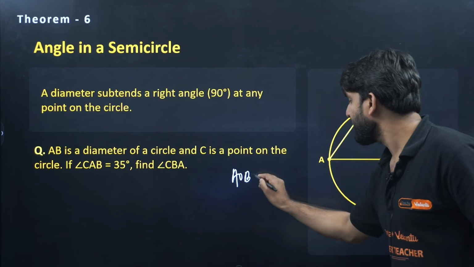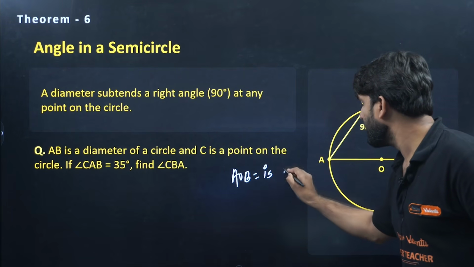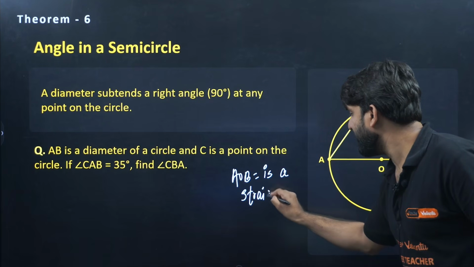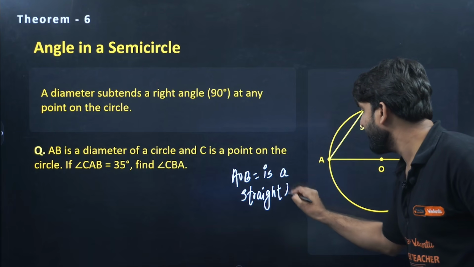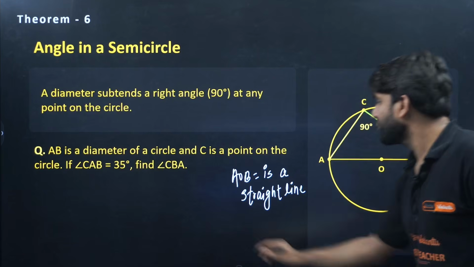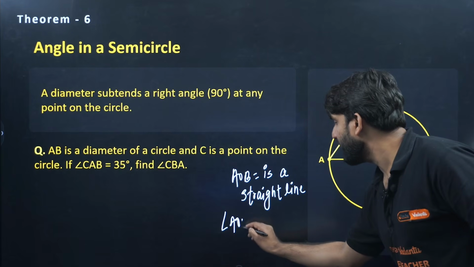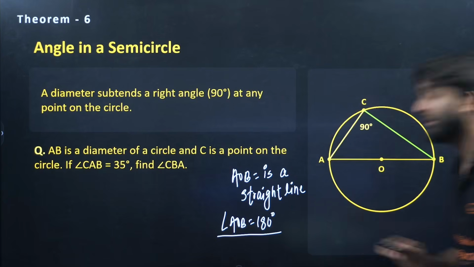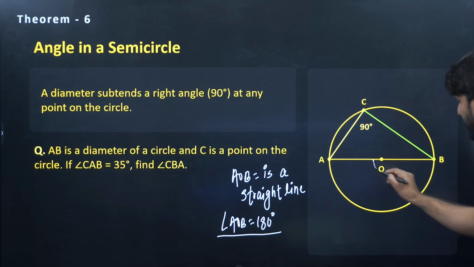AOB is a what? Straight line. And if AOB is a straight line, so angle AOB will be what? Angle AOB has to be 180 degree, because this is completely a straight line.